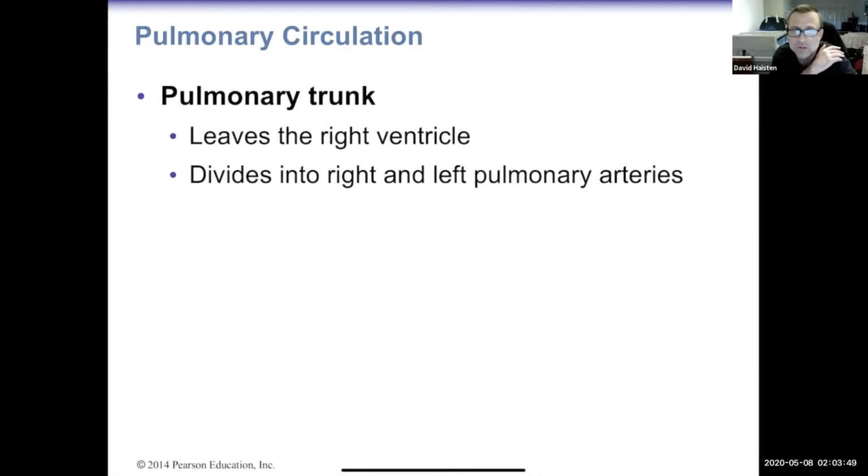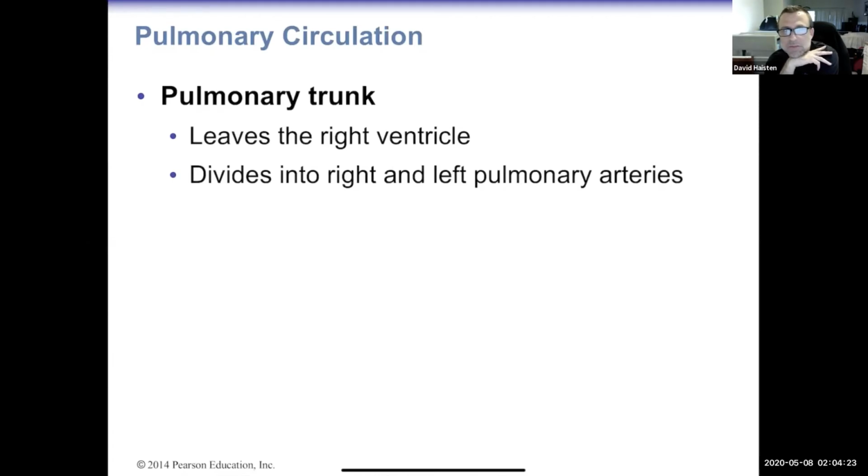Okay, pulmonary trunk exits the right ventricle, splits into right and left pulmonary arteries. What do you think would happen next after the pulmonary arteries? Pulmonary what? Veins. Not quite. Pulmonary arteries, yes, you're thinking for the heart. Because what I've given you so far is the pulmonary circuit.